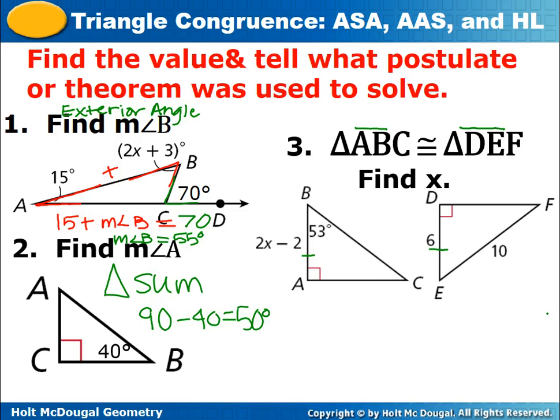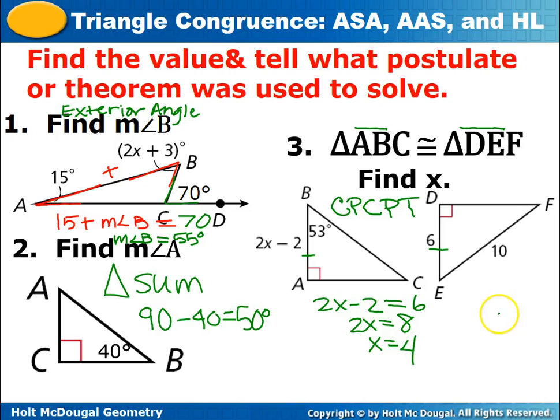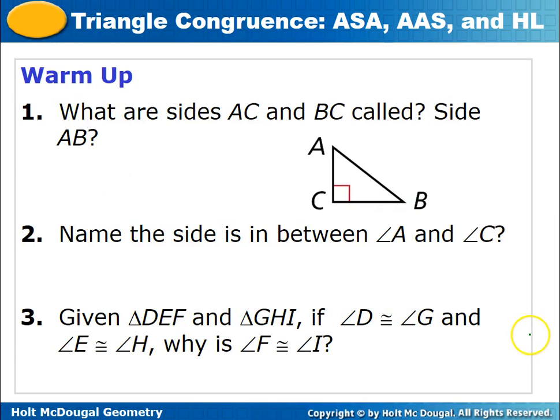So our reason for solving this is CPCTC, 3 C's PT. So we can now set 2x minus 2 equal to 6. So 2x is equal to 8. So x is equal to 4. So again, these are just reviews of some of the problems that we have done prior to this section.